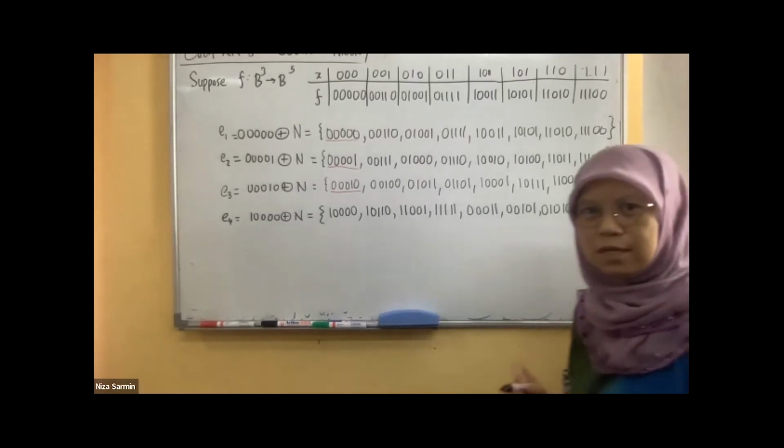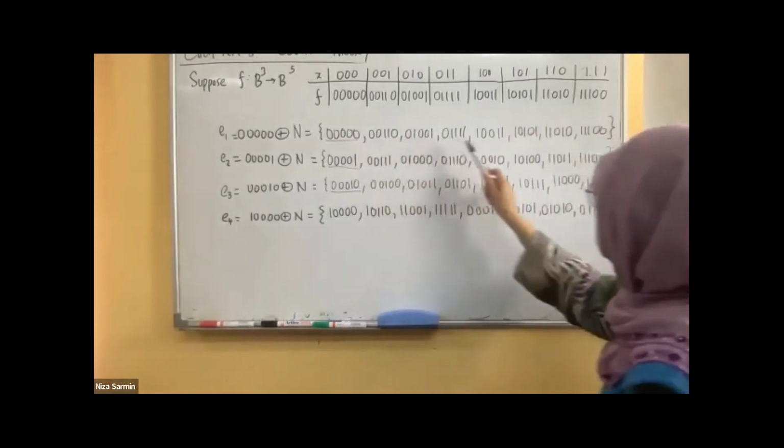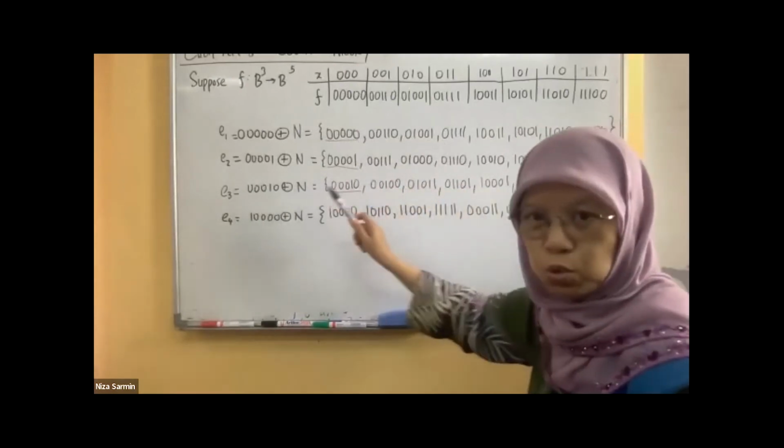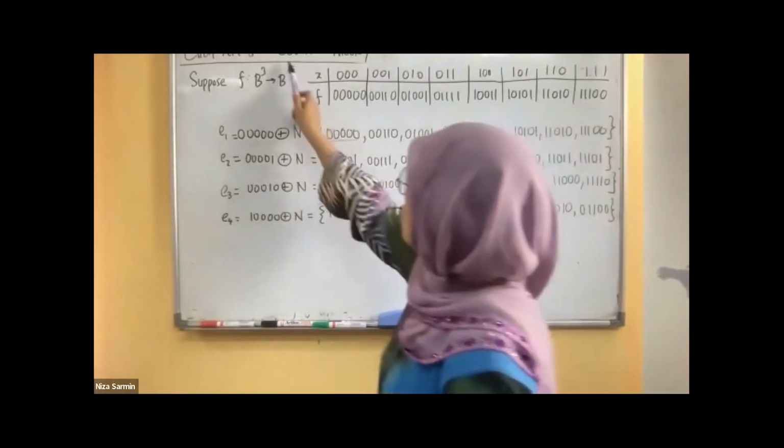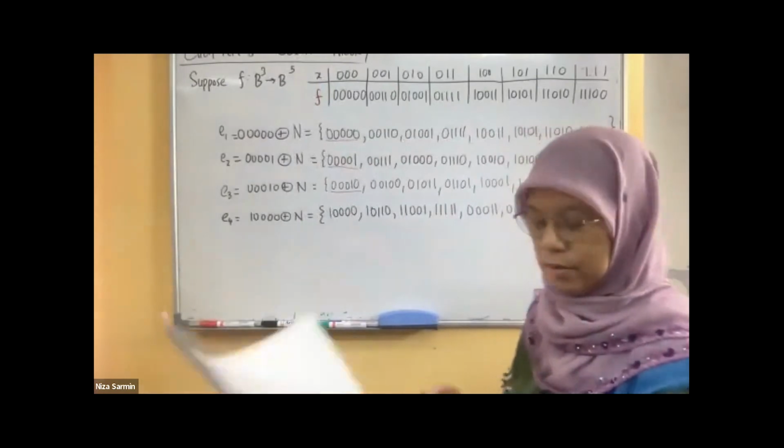Okay, you will see that these 32 are all of B5.